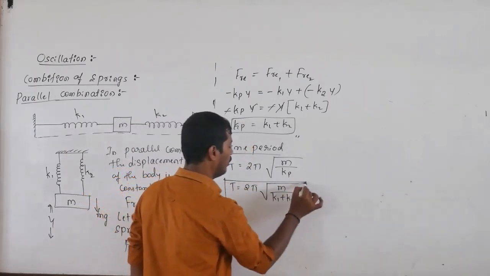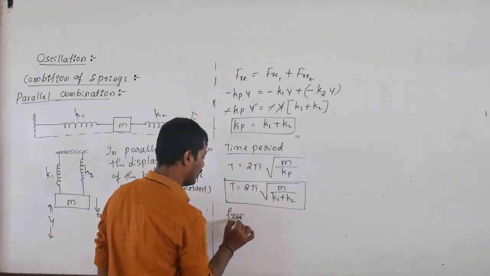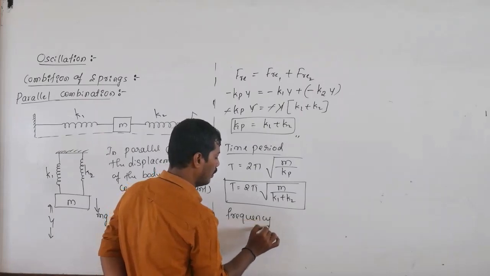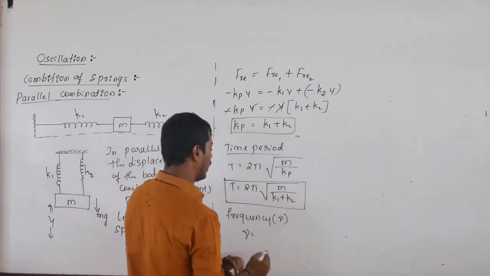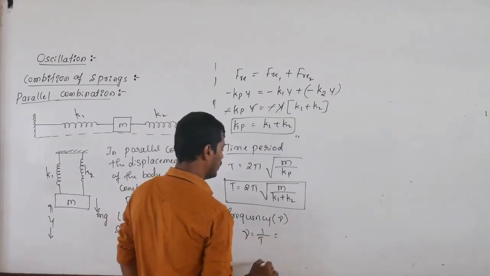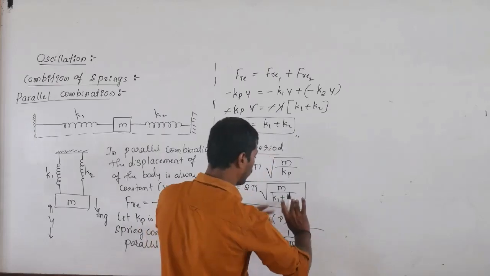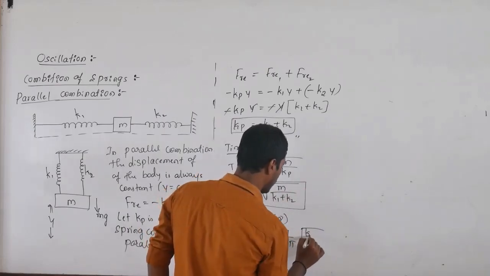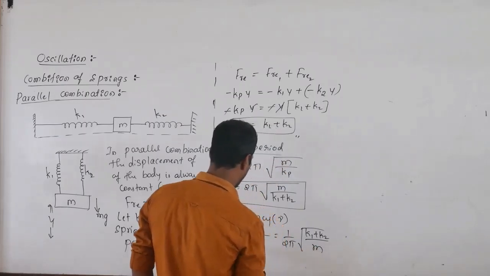And what about the frequency? The frequency nu is the reciprocal of the time period, that is 1 by T, which equals 1 divided by 2 pi under root, the reciprocal of the term, that is K1 plus K2 divided by M.